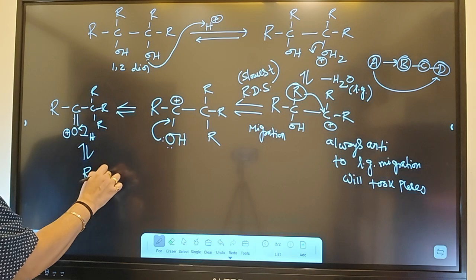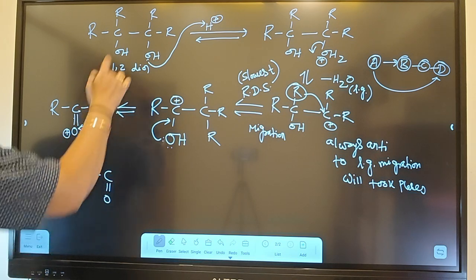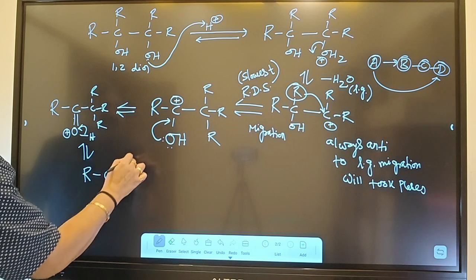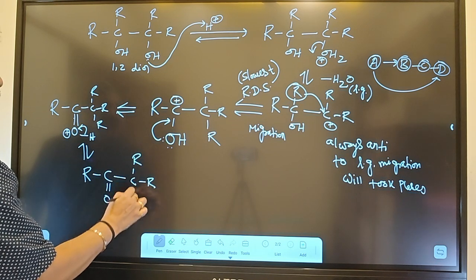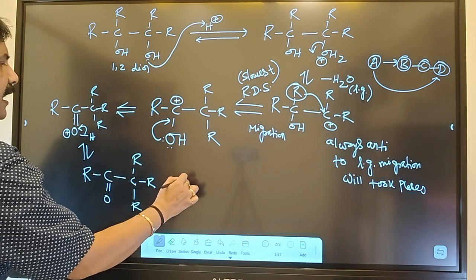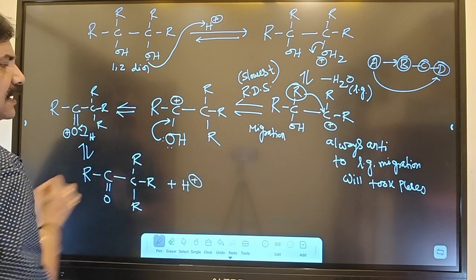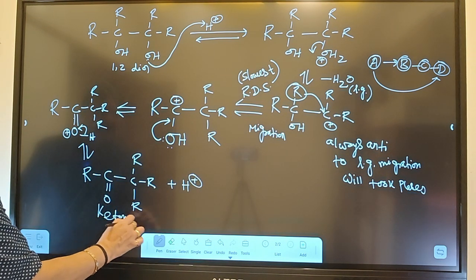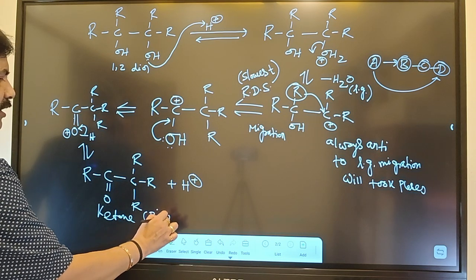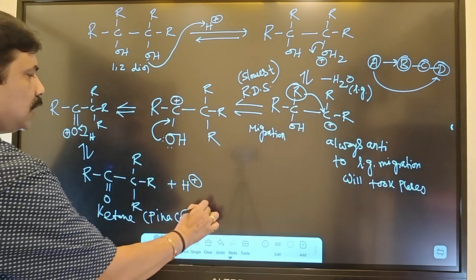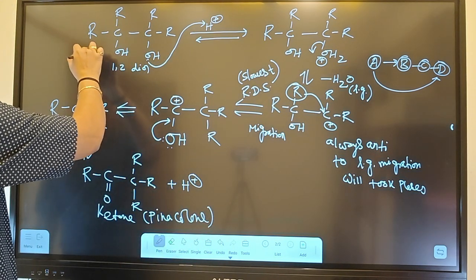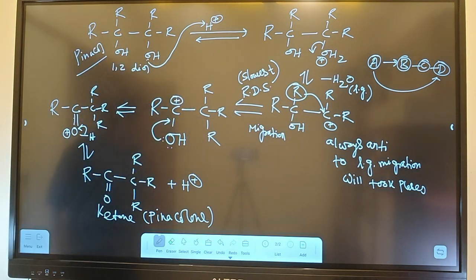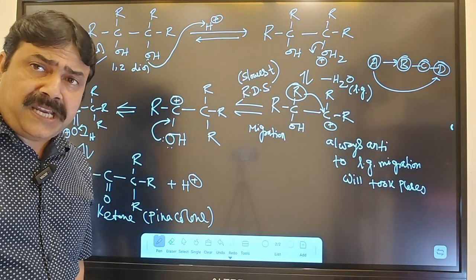You know H plus was a catalyst, initially consumed, finally coming out of the system. Then immediately you get R, C, O as a product, and H plus as a catalyst comes out. This is nothing but your ketone, which is called pinacolone, and this is nothing but your pinacol. That's why this reaction is a Pinacol Pinacolone rearrangement.